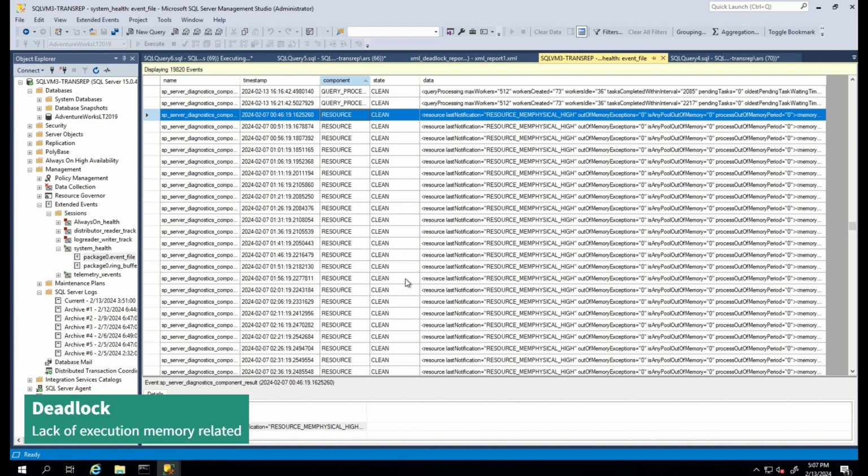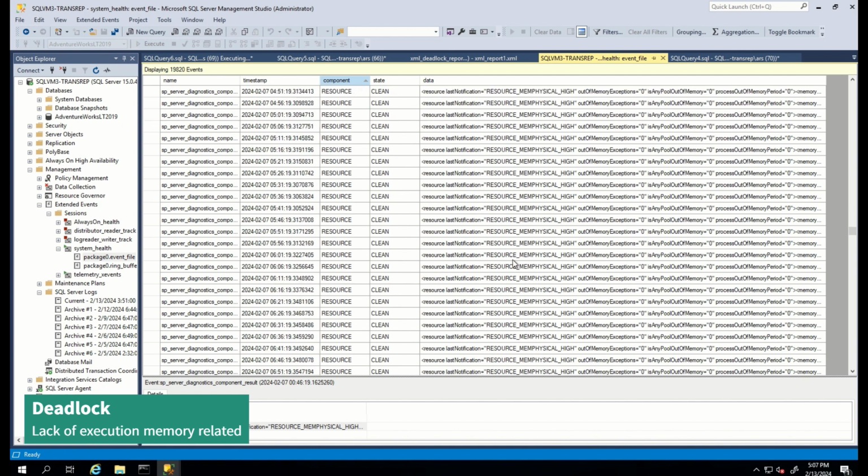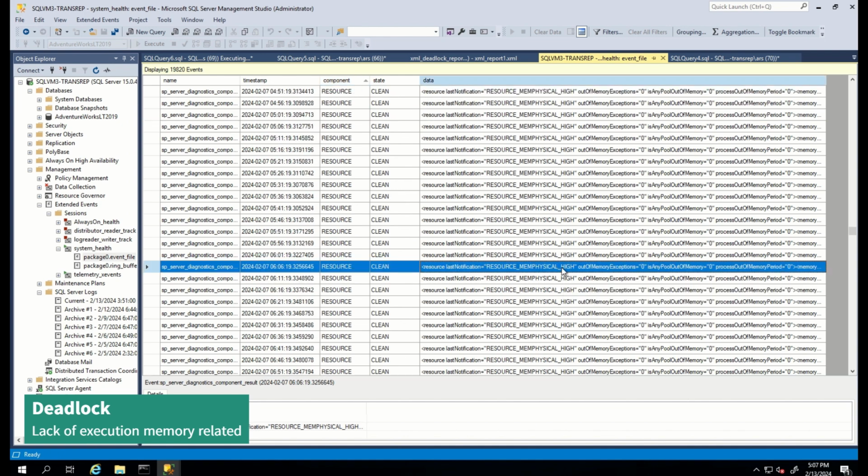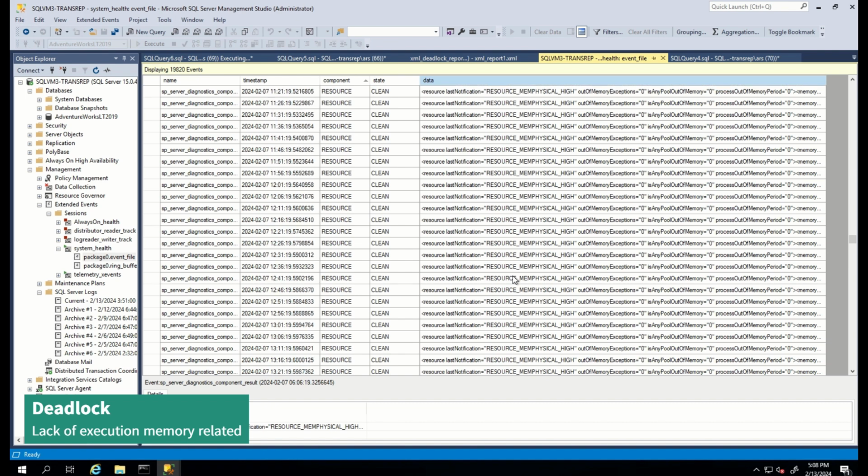As you can see, the state is constantly clean and resource memory physical is always high, which means that there was not any memory contention issue in our server. You should of course go to the same timestamp, okay?